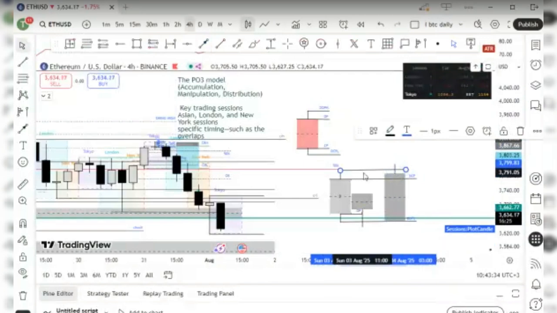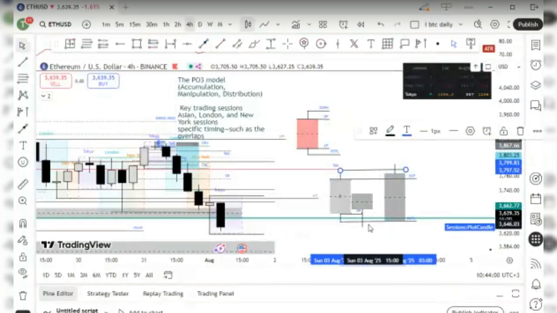So this high here for bullish is called the sell liquidity pool. And this low here is called buy liquidity pool. When buyers put their orders here, their stop losses are below this low.